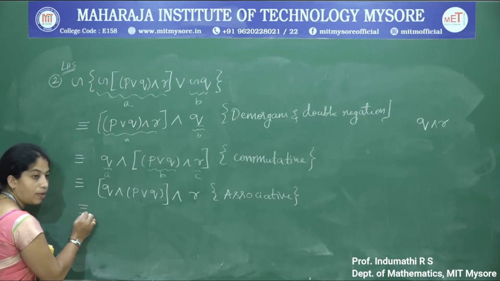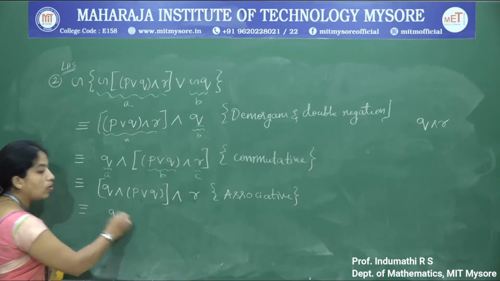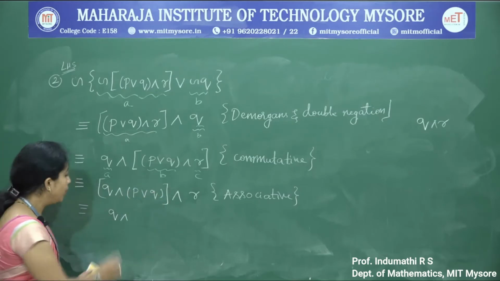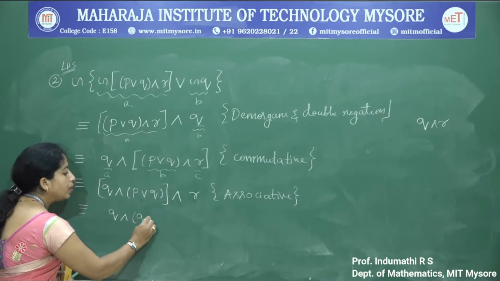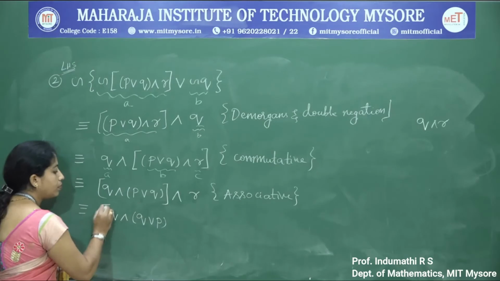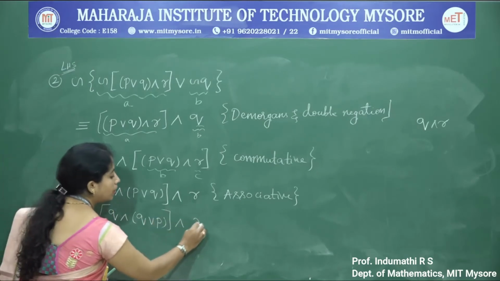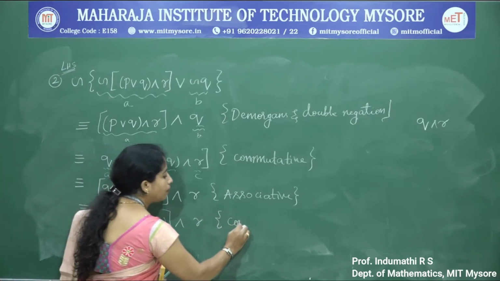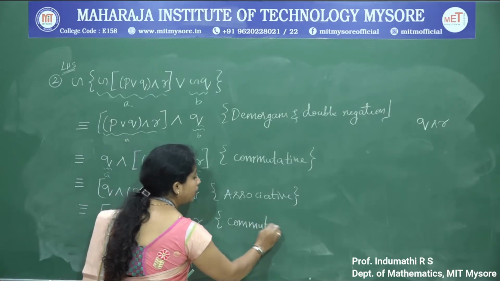Again, this is logically equivalent to (Q conjunction (P disjunction Q)) is logically equivalent to (Q disjunction P) conjunction R. This is by using law of commutative.